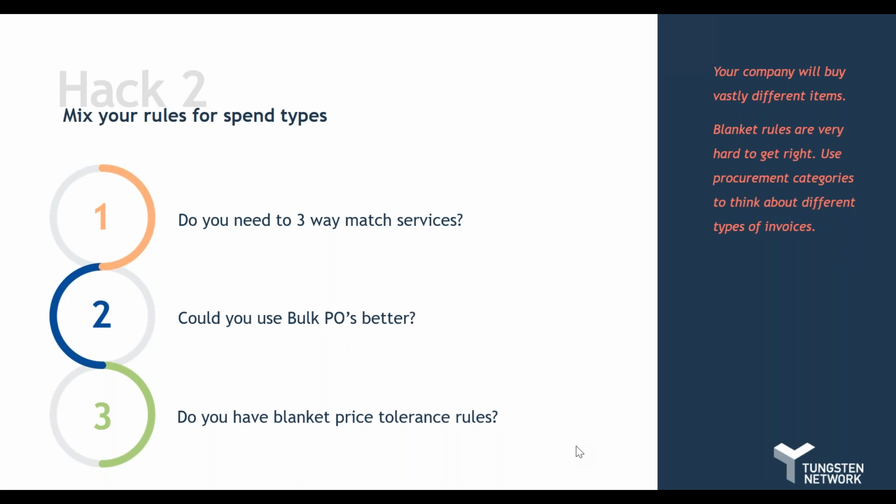So, I talk to people that have 0 tolerance price rules, but also will have blanket rules to say, no, we have 5% tolerance on everything. And just actually think about what's being bought, what invoices there are, what types of invoices are coming in. Is that really going to work?